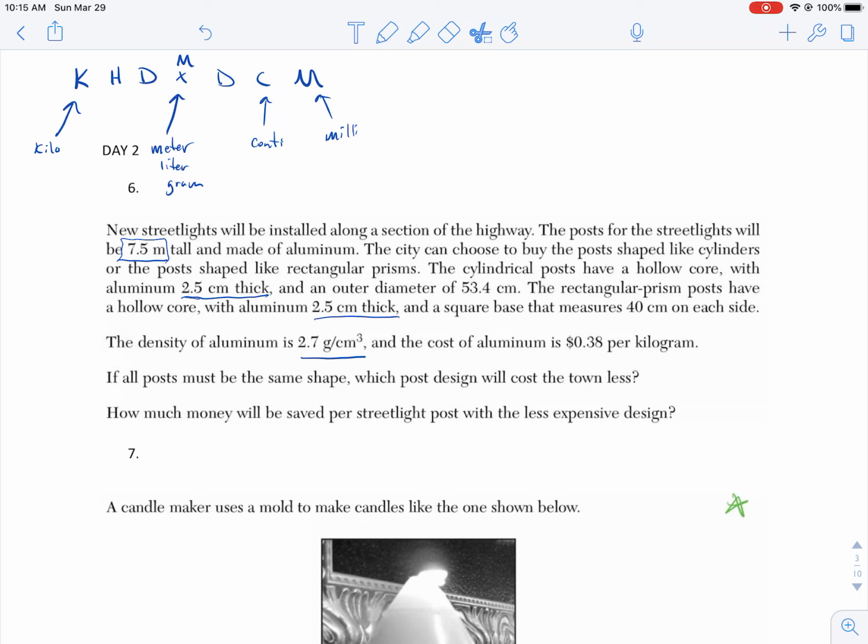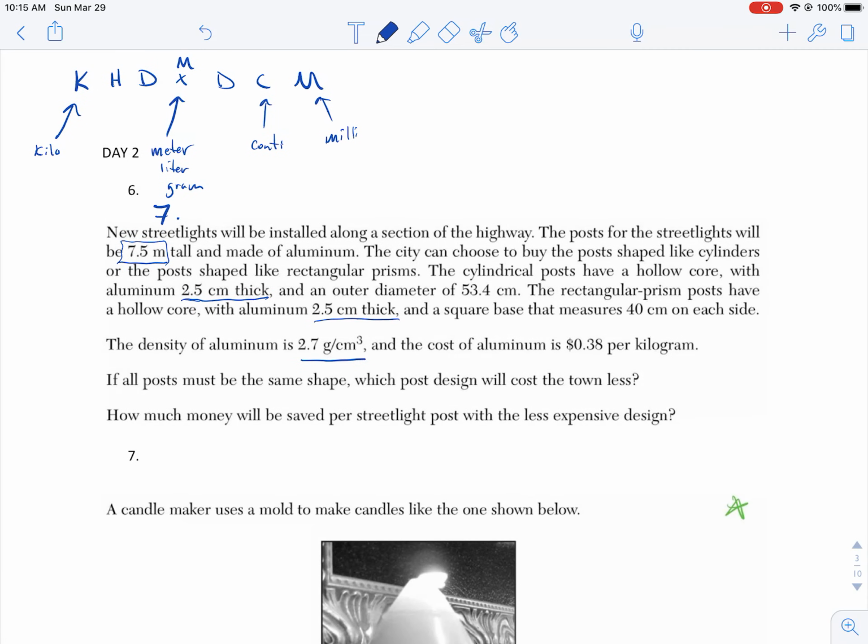So in this case, we're talking about meters. So 7.5 meters falls right here. The rule is, you just take your decimal point, and since we're in the middle, we're going to go over. Let me get a different color pen here. We're starting right here, and we go over twice because we want to convert it to centimeters.